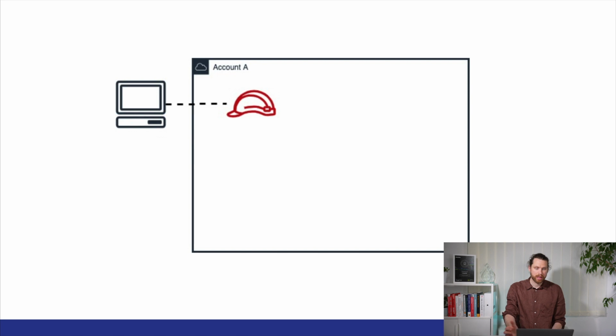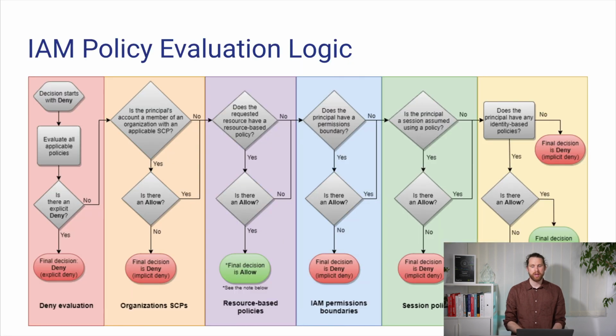So, the first exercise here is the following. I'm gonna deploy an IAM role to AWS. And I'm going to also attach a policy to this IAM role. This policy is going to be a deny all policy, meaning that if we go back to the diagram, we are on the left-hand side.